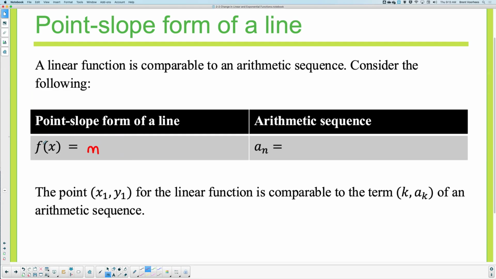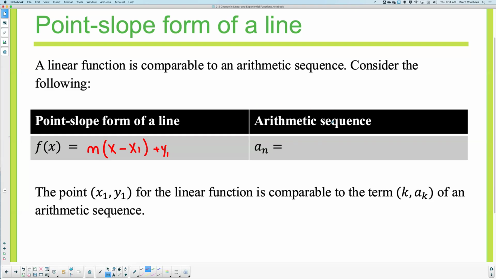It is f of x equals m times (x minus x1) plus y1. Yes, you need to know that formula. We call that one point slope. The reason we call it point slope is it gives us the slope and we plug in a point. And that's how we're going to use that.